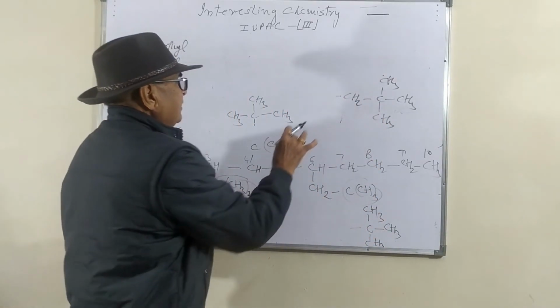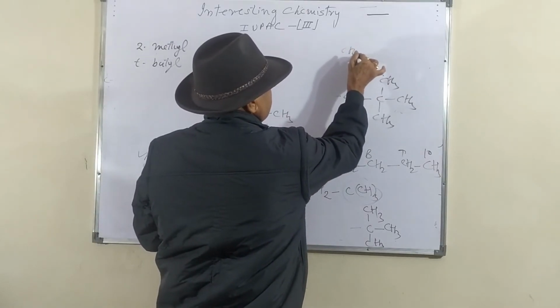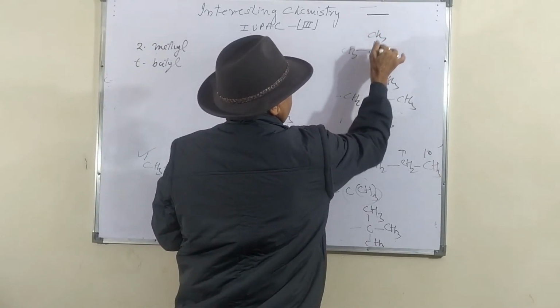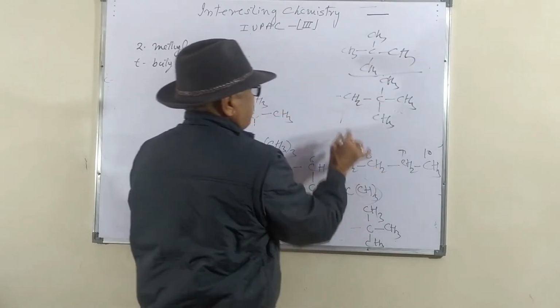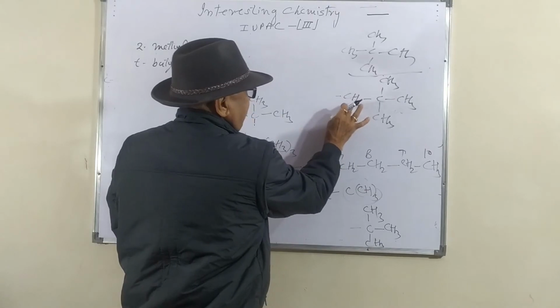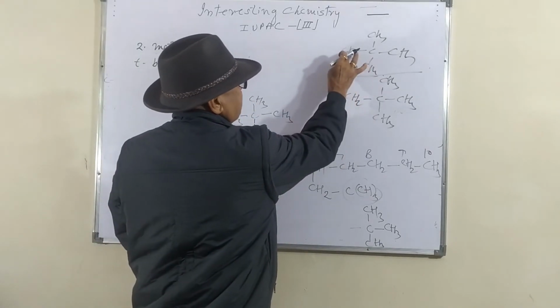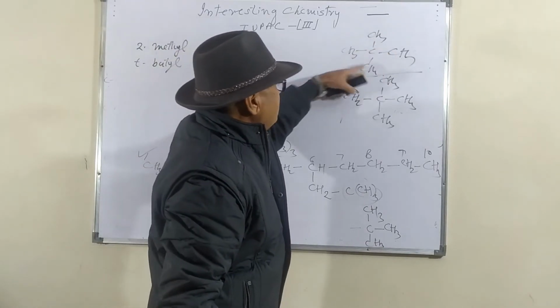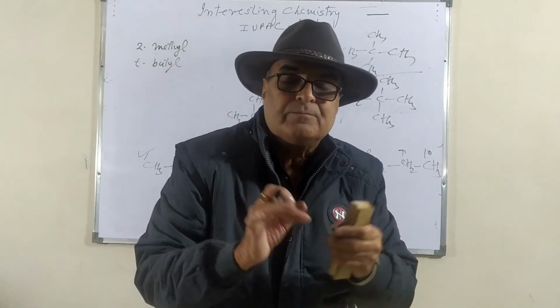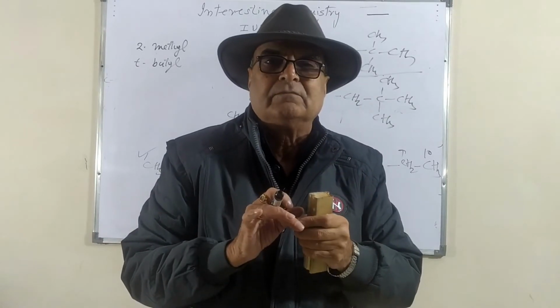Again, if this compound is CH3, CH3, CH3 and CH3, suppose like this. This is CH3. This is the one hydrogen replaced from this. So the name of this compound, it has 5 carbon atoms, will be neopentane.